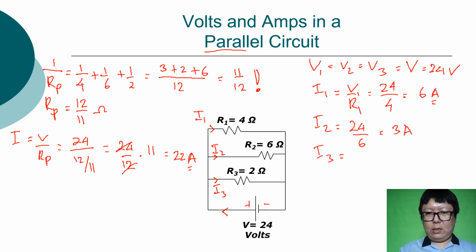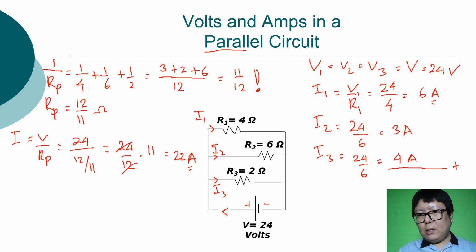I3 is 24 divided by 2, so 12. Sorry, the I3 should be 24 divided by 2, so 12, and the I2 should be 4.